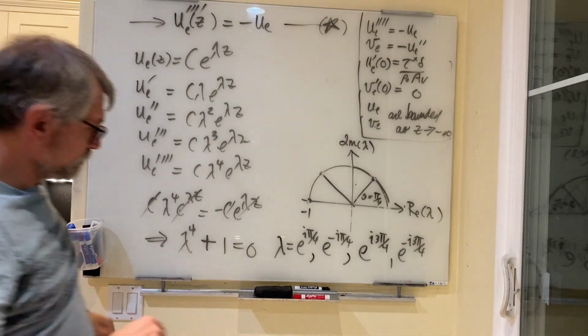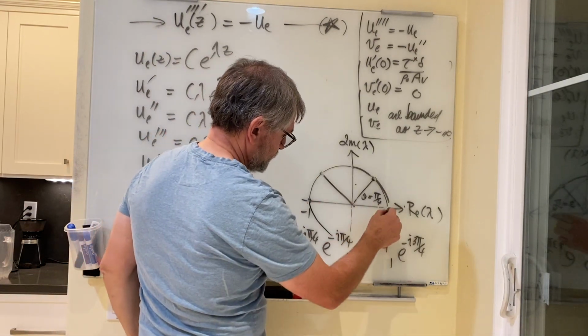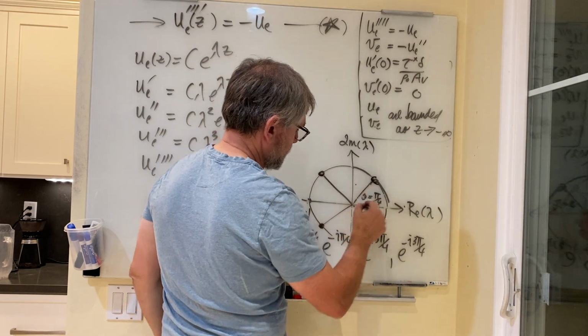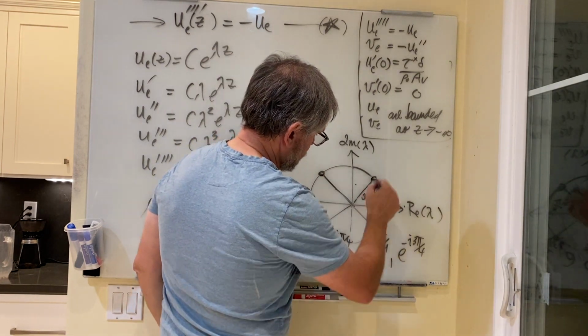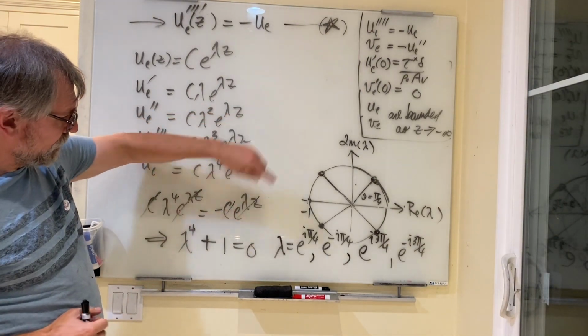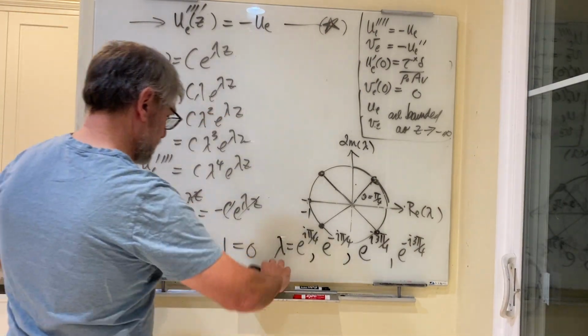Now, I can sketch them. There's one here, one here, one here, and the other one over here. They're all at these 45-degree angles. And let me write down the solution now that I know what they are.